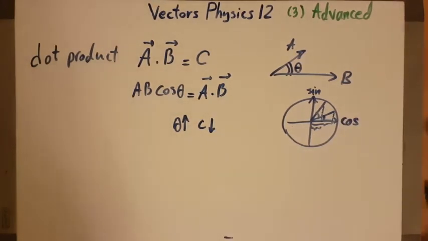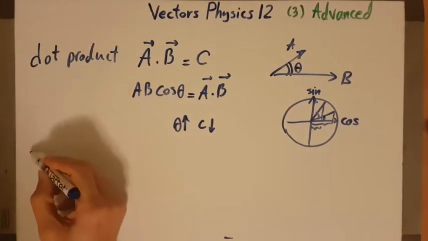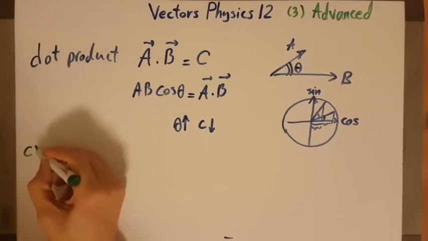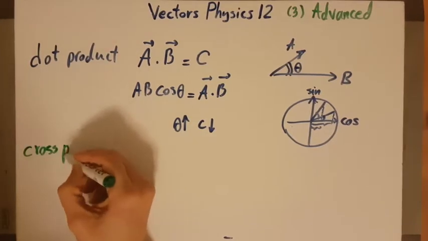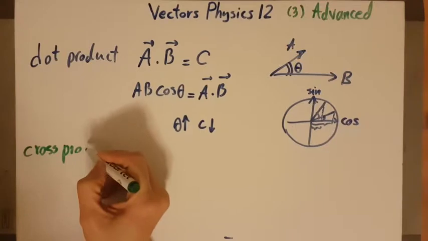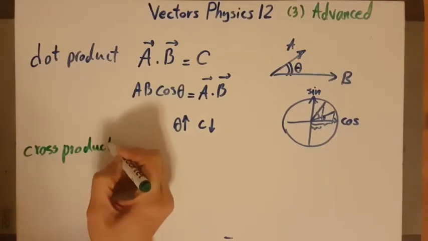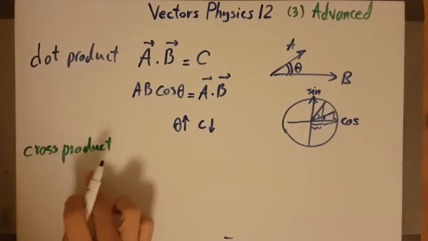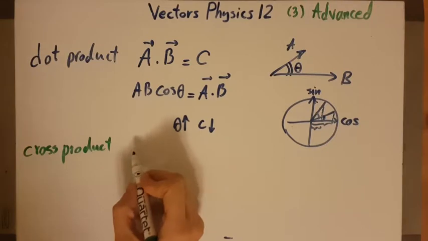Now let's talk about the other kind of multiplication, which is called the cross product. It is also called the vector product, because the result of this is actually a vector.